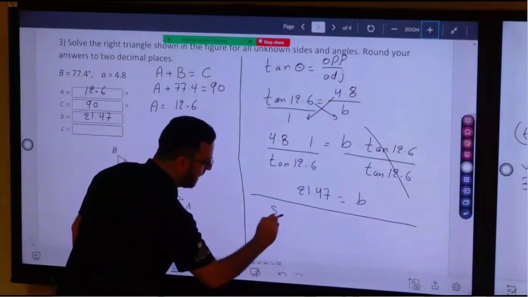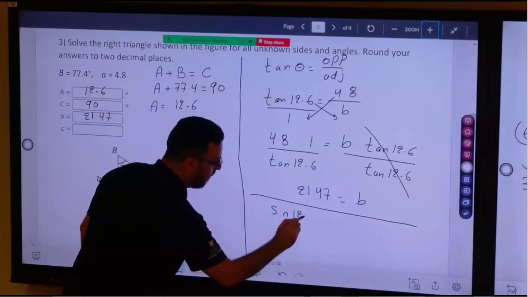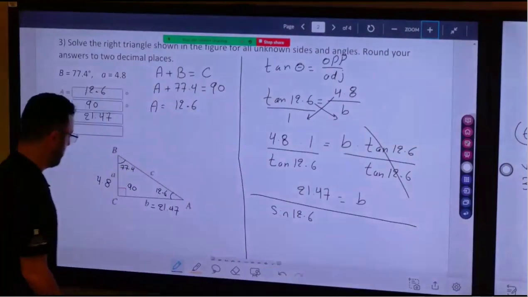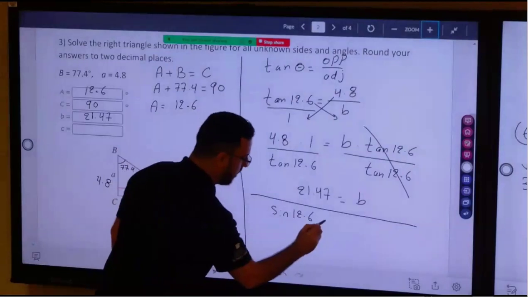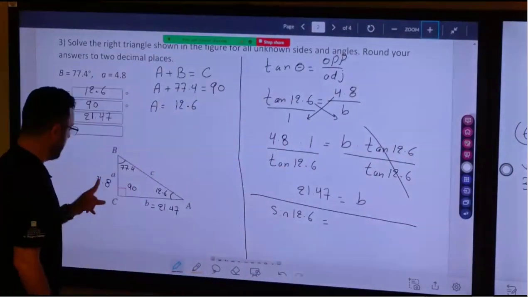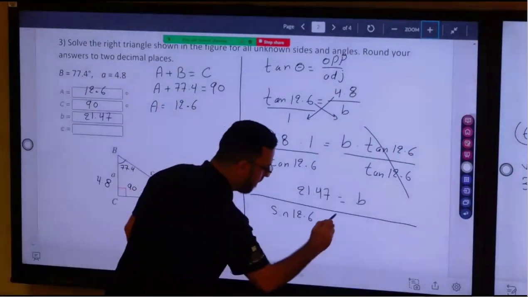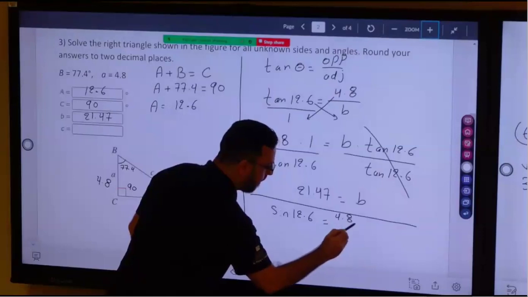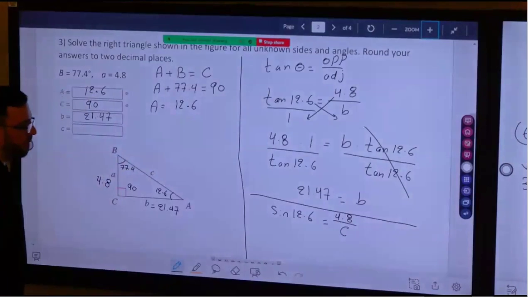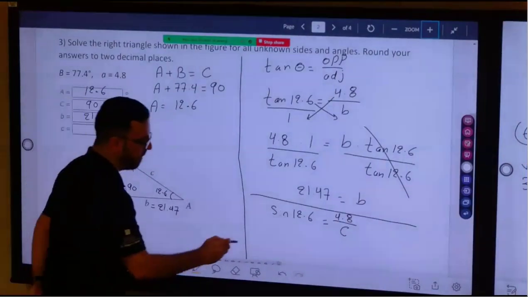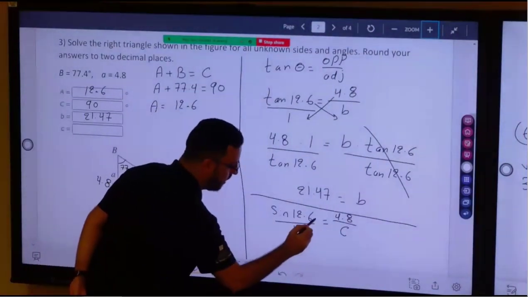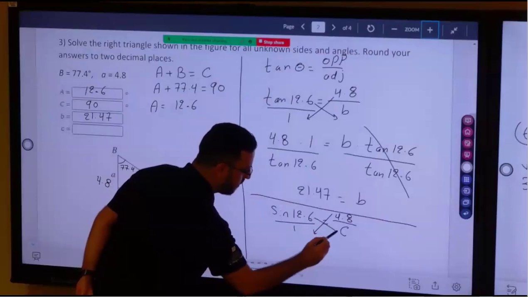Sine 12.6 equals the opposite, which is 4.8, over the hypotenuse, which is C. Next step, cross multiplication.